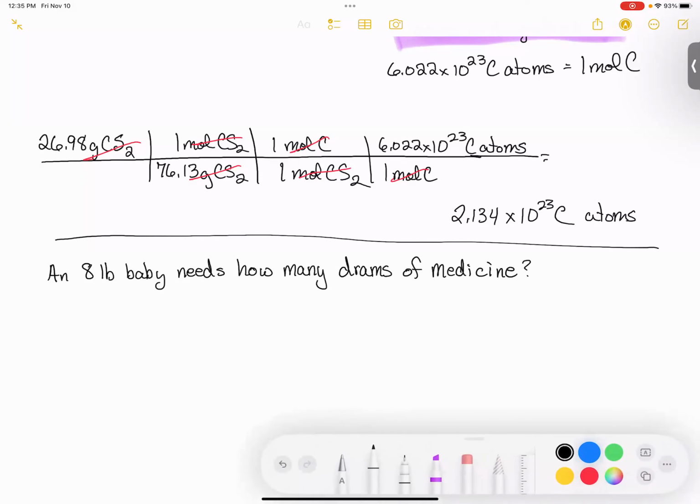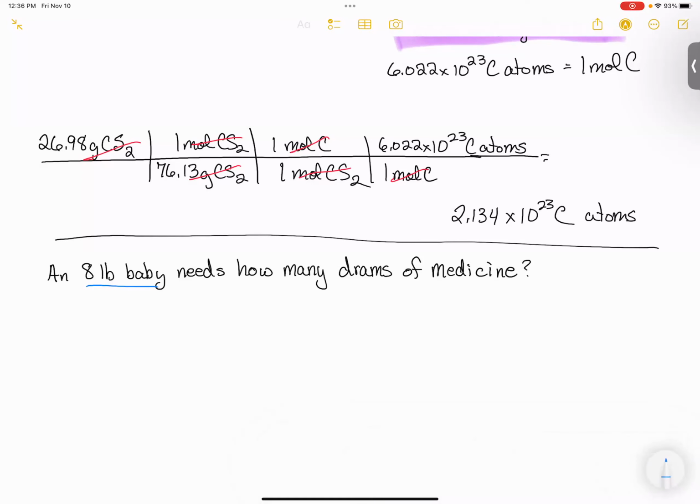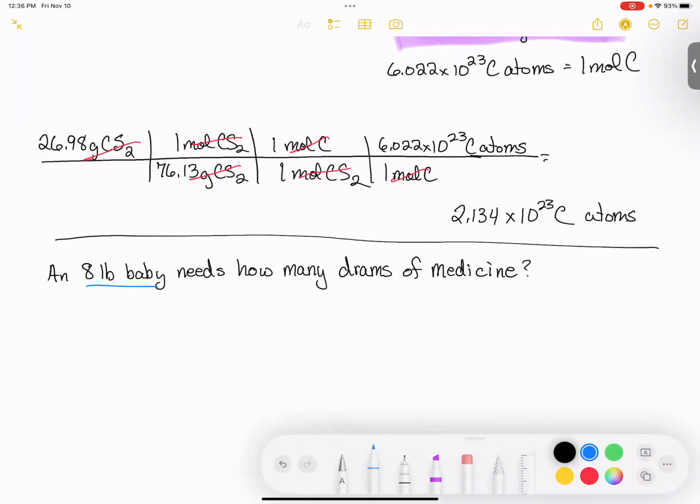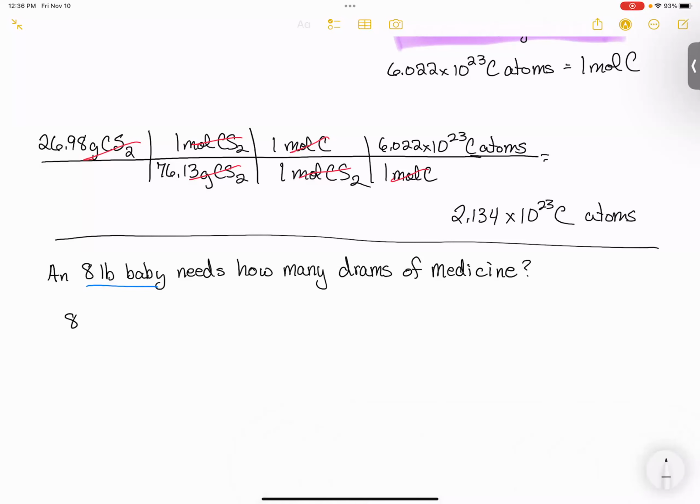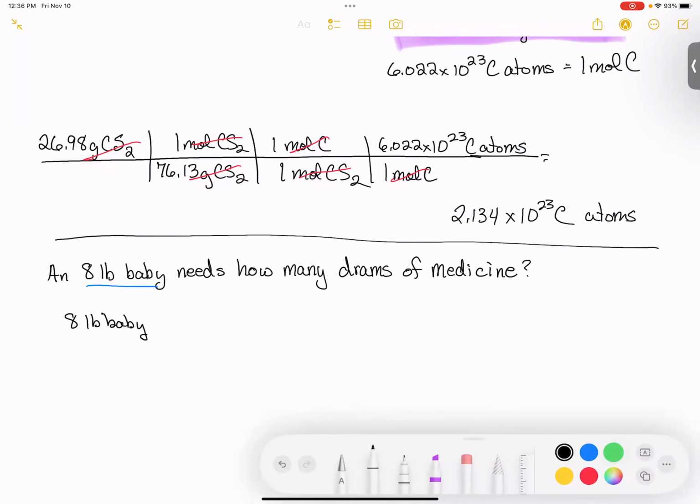First thing I'm going to do: an 8-pound baby needs how many grams of medicine? First thing I'm going to do is identify what I was given, which is the 8-pound baby. The next thing I'm going to be doing is determining what I need.